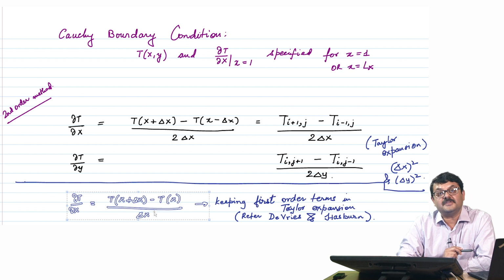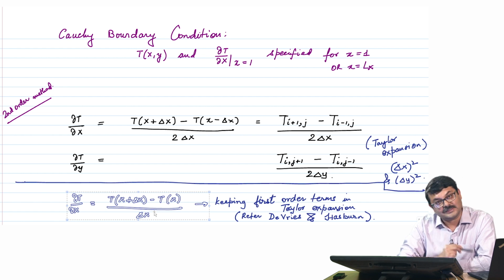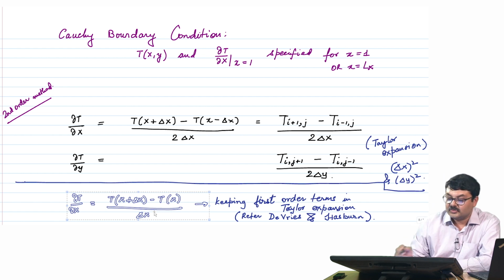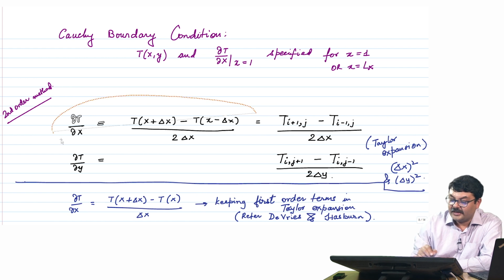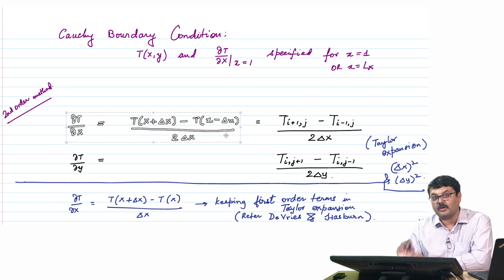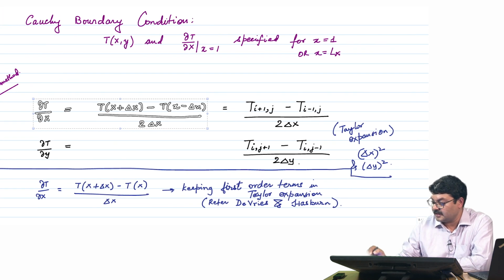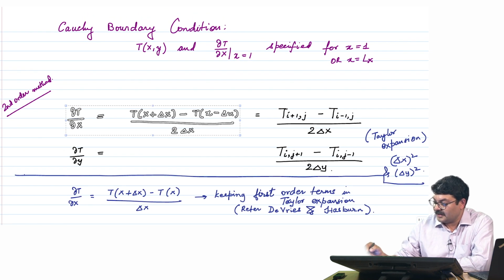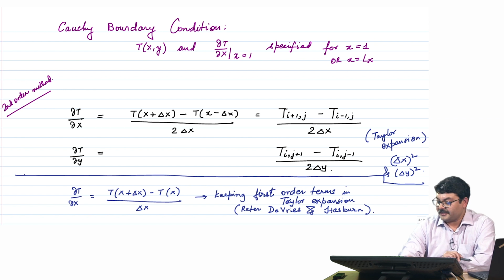But the expression we are using for del 2 T del x 2 is already the second order scheme. So, for consistency I am writing down the expressions of dT/dx in this form, which is the second order scheme. If you want to know more about it, open a book, you will get the derivations and so on and so forth, and it is obtained through Taylor expansion, right.